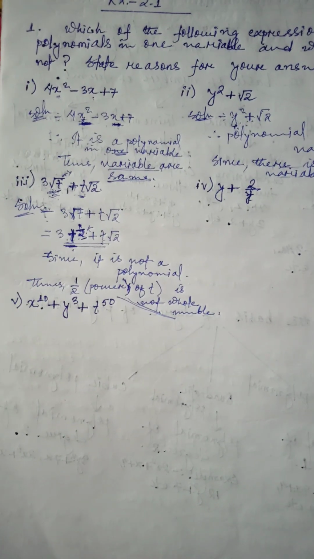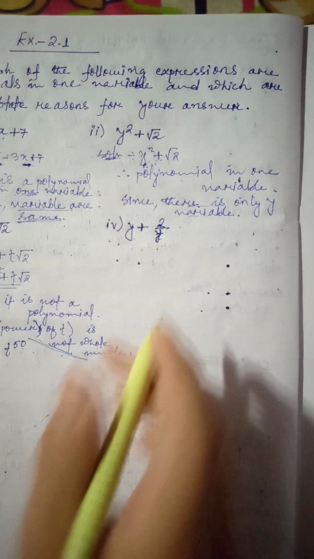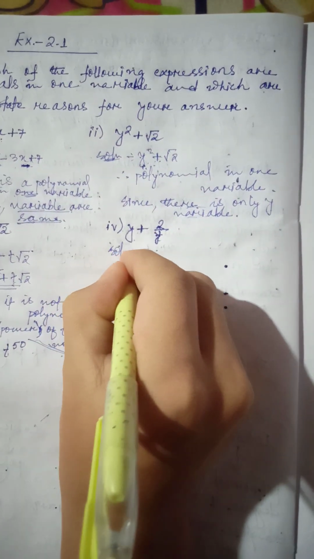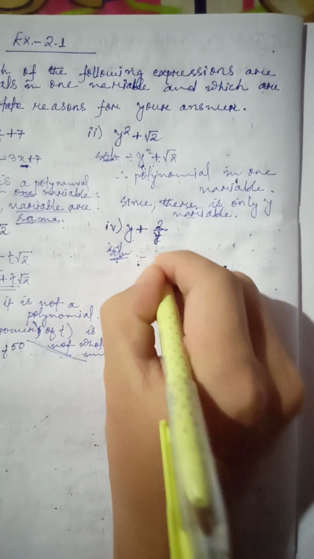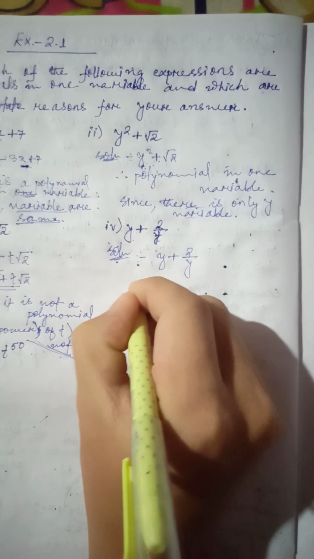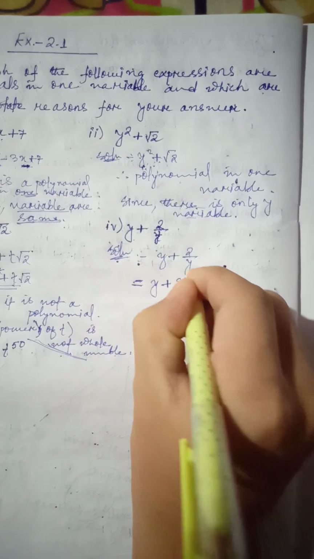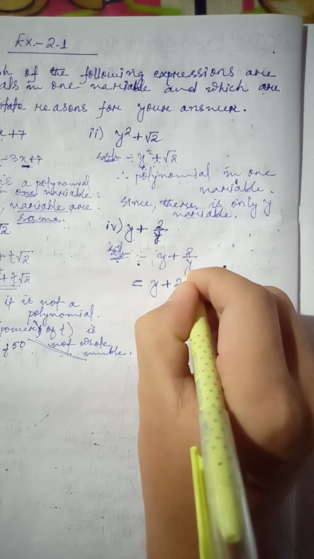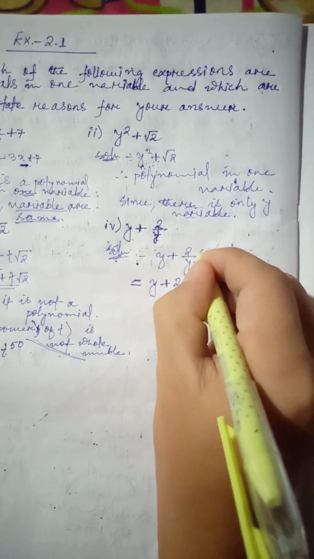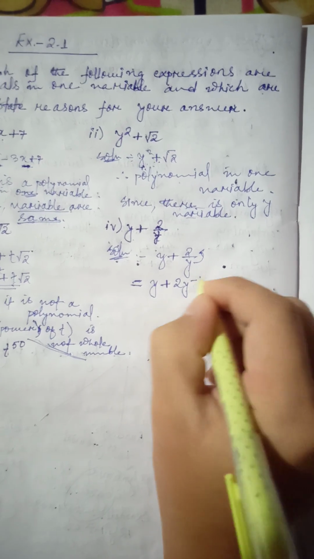If it is clear, then let us proceed to Roman number 4. As we can see in Roman number 4, that is y plus 2 by y, y plus 2 over y. If we express it this way, then this y will become an inverse.